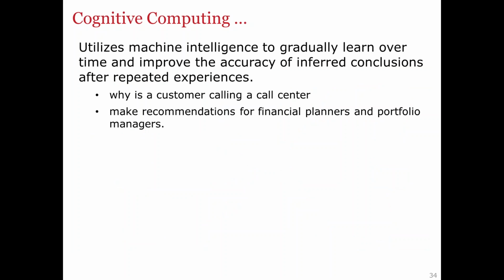Now, cognitive computing takes everything I just covered, and it basically uses machine learning to incrementally improve its conclusions over time because it looks at how it can improve its learnings.